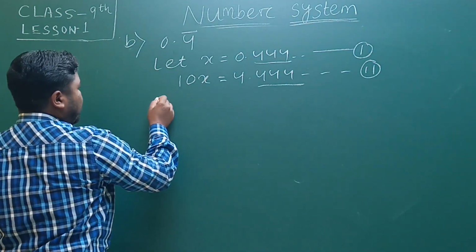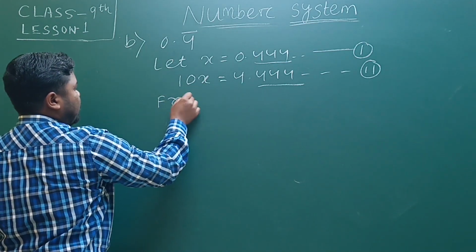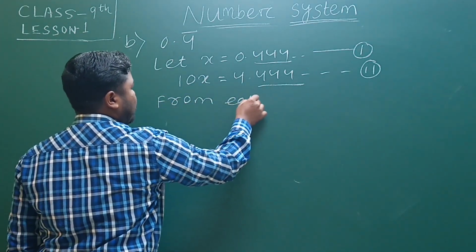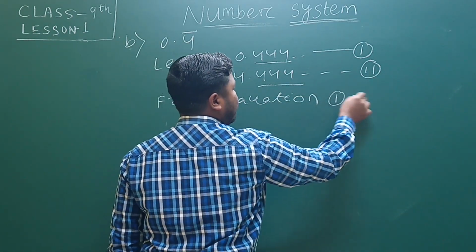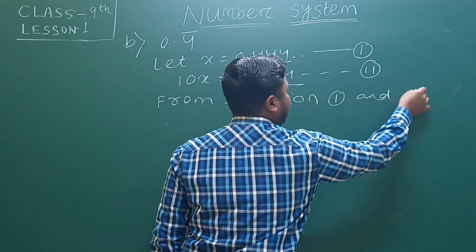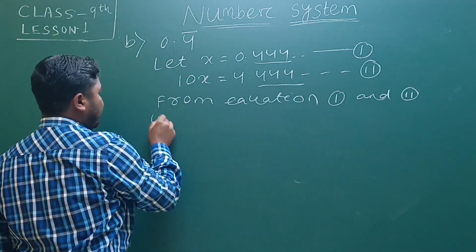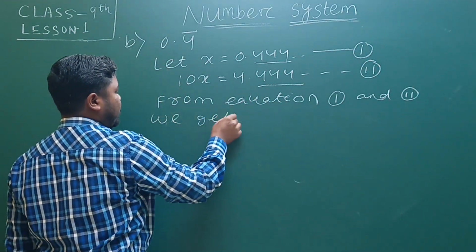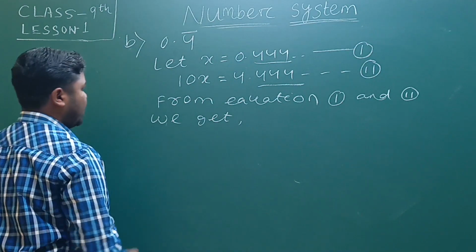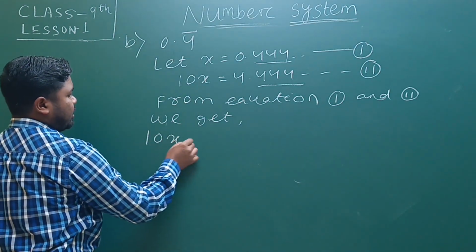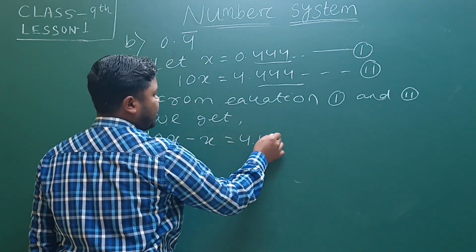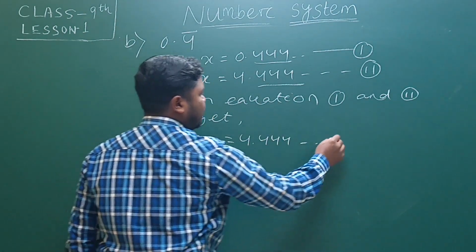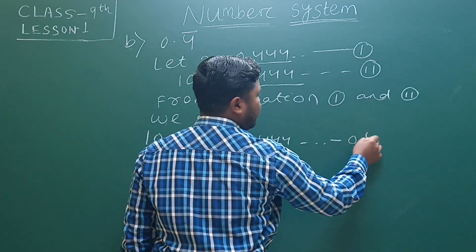So from equation 1 and 2, we get by subtracting, 10x minus x equals 4.444 minus 0.444.